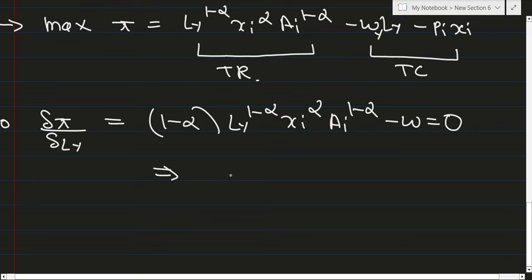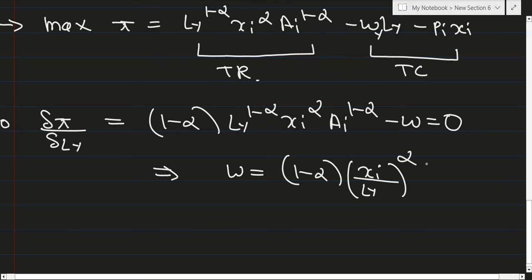From further simplification, we can see this comes out to be 1 minus alpha, xi upon Ly to the power alpha, into ai to the power 1 minus alpha.